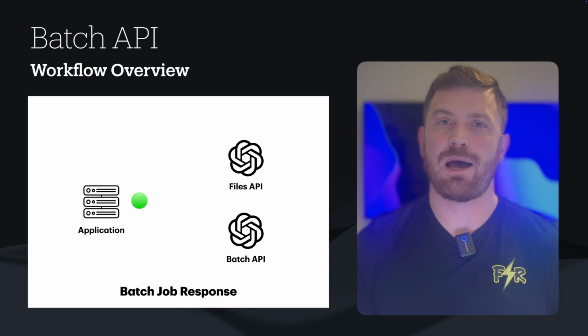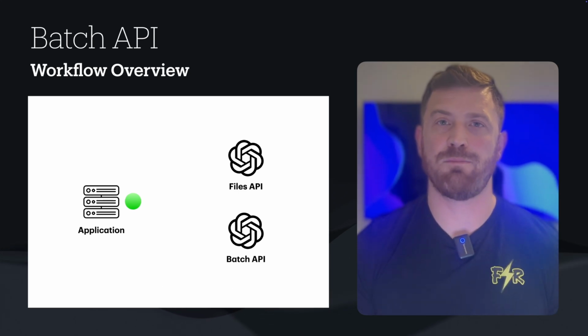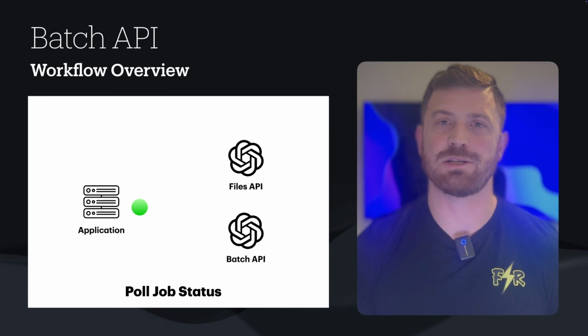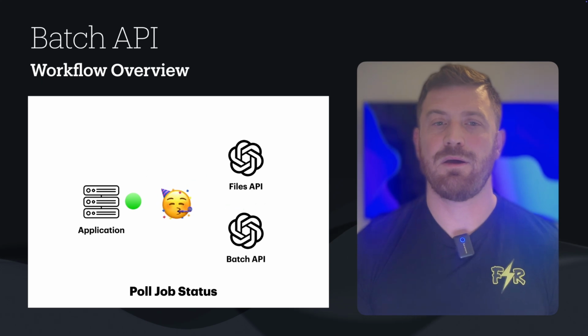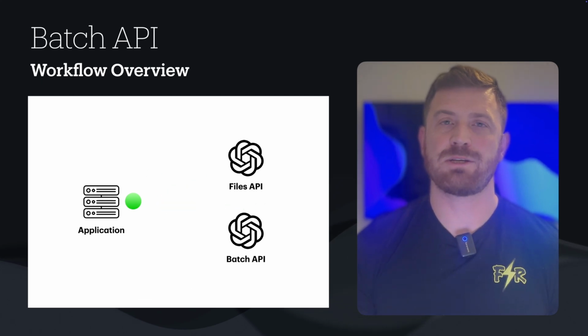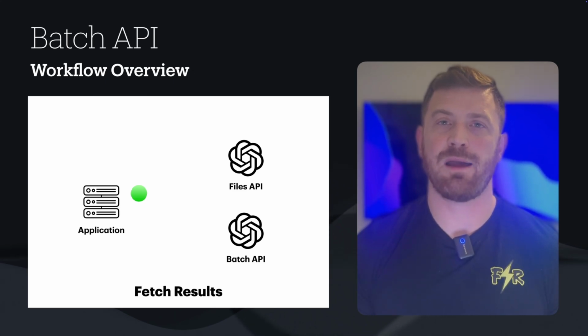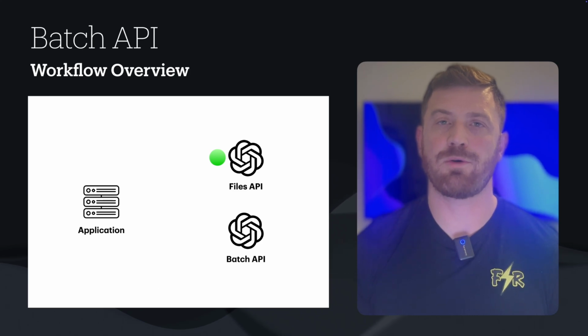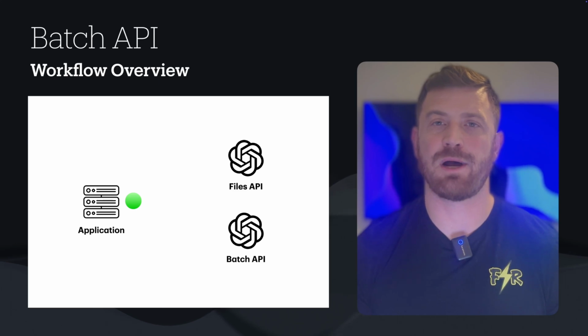The Batch API will return an ID that we will use when we begin to poll the Batch API for the job completion status. Remember, this is all done asynchronously. When we're done polling and we've reached a completed status, the Batch API will upload the results to the Files API, where we will need to go request the results and then bring it back to our server for further processing.